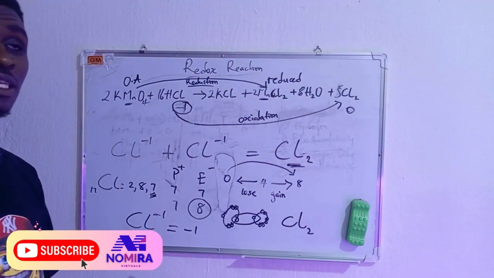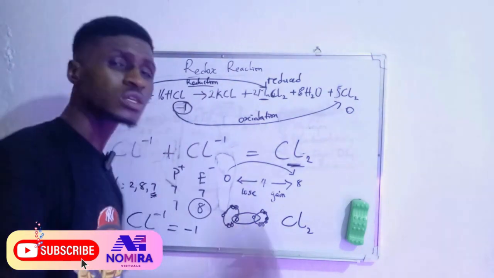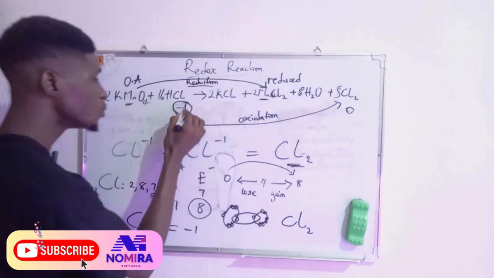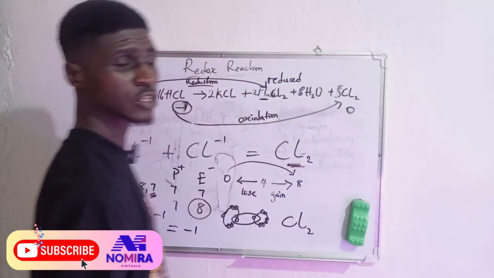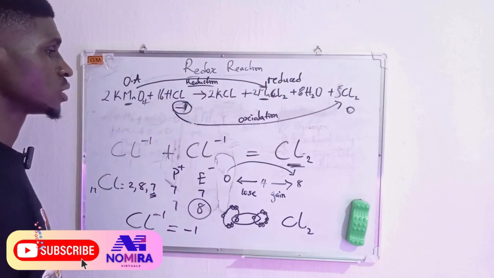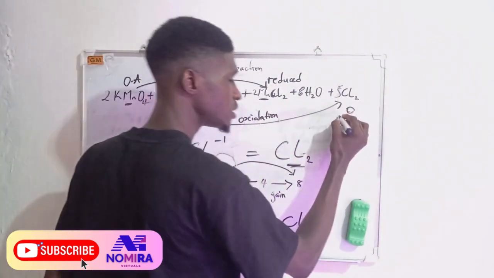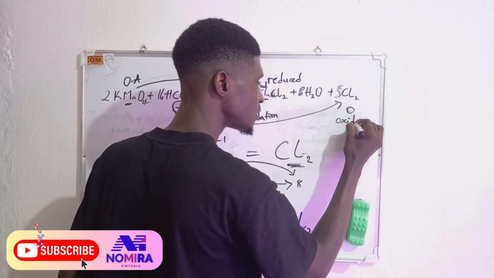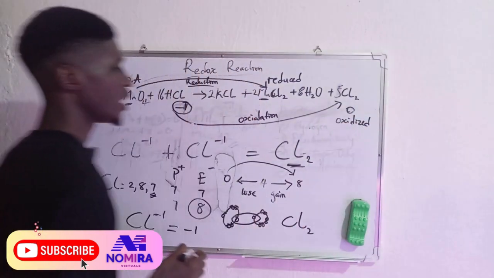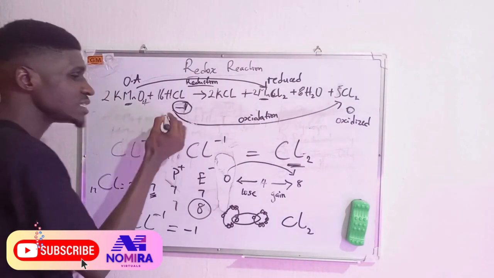And I told you that in electron transfer, removal of electron will mean oxidation. So we have removed -1 to obtain no extra electrons. So this is oxidation. So the process is oxidation. The product that will be formed means that this is oxidized.